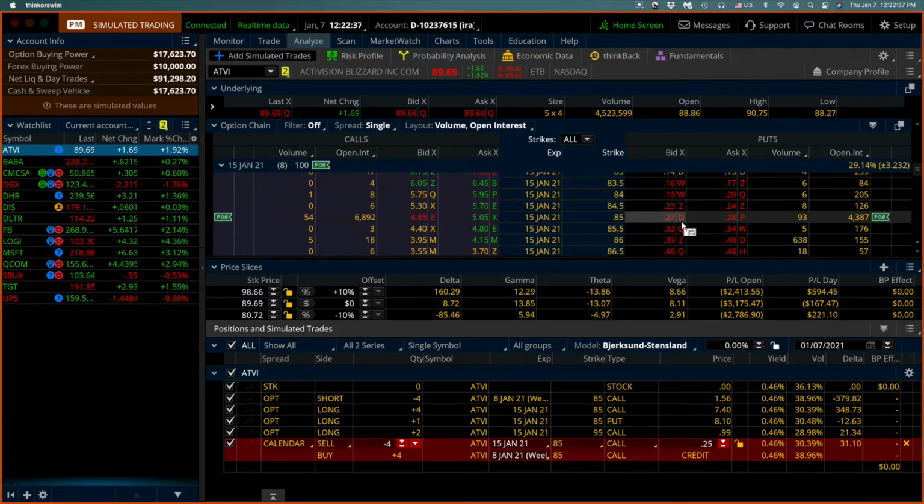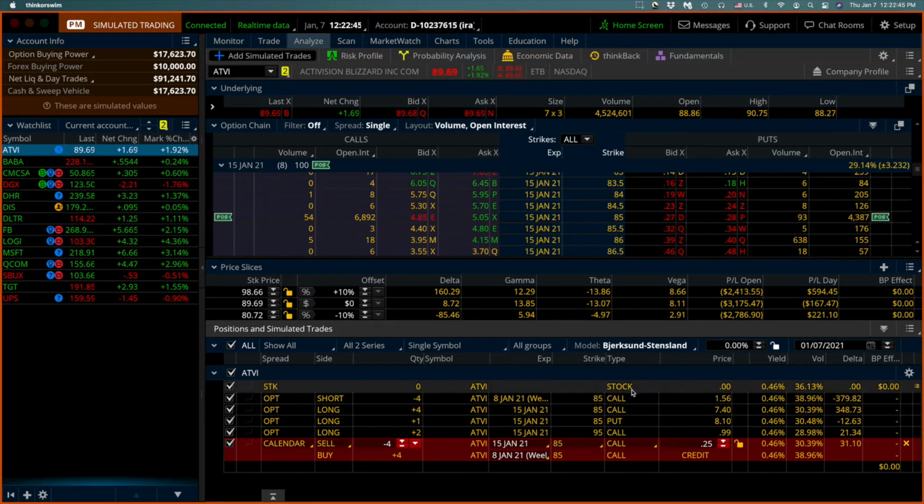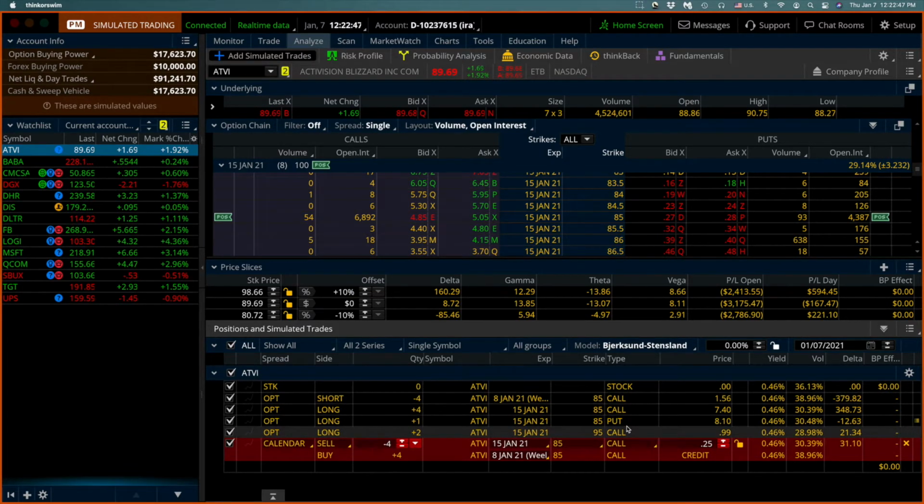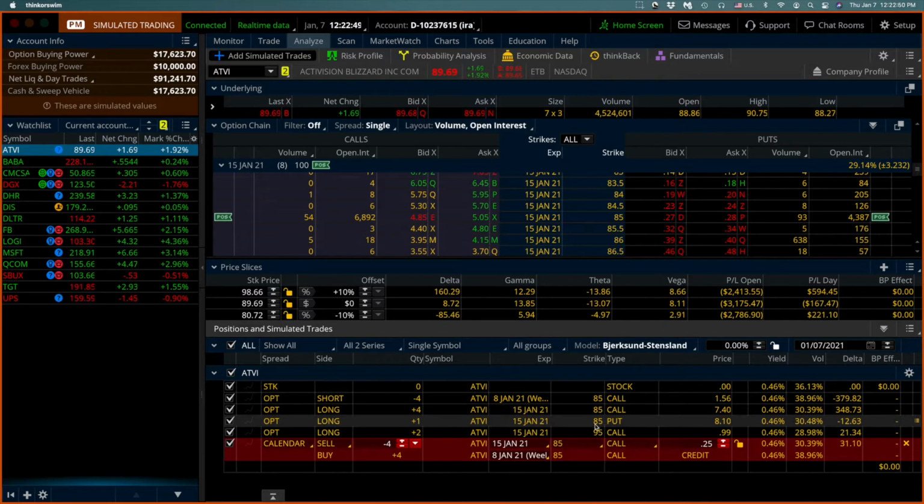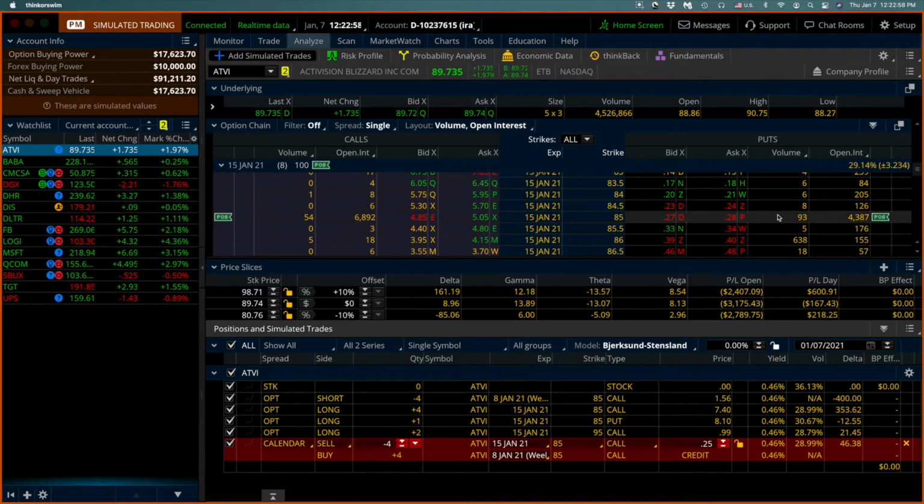We can close the put side, and we have one put side. You know what? Let's leave this put out, because that's probably only a few cents, and it's only one.